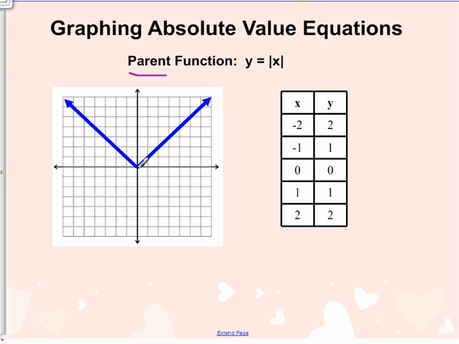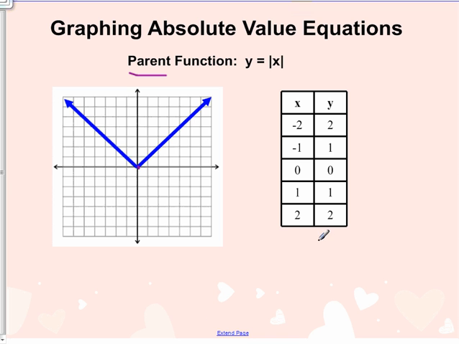We have the bottom of our V at the origin, 0, 0, and then it's going up to the right at a slope of 1, and on the opposite side going up at a -1 slope, or decreasing slope, depending on how you want to look at it.